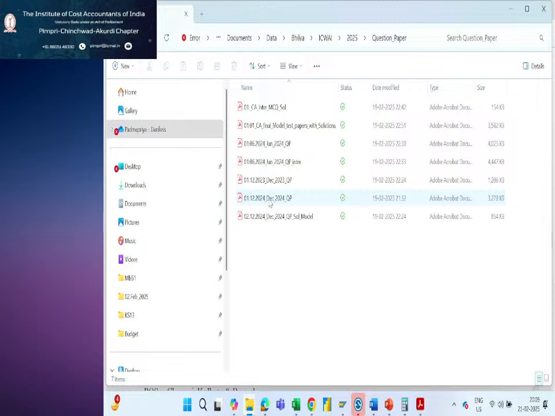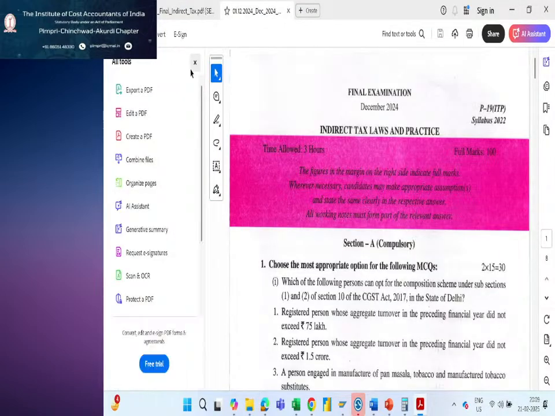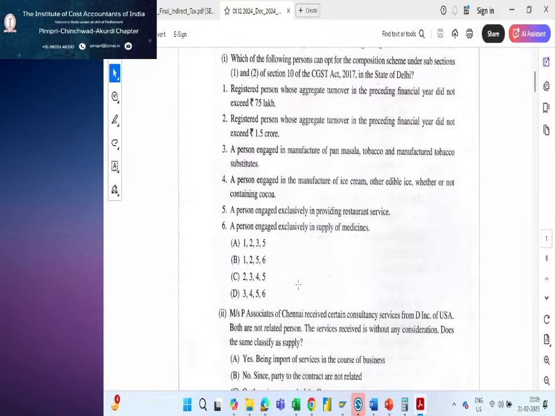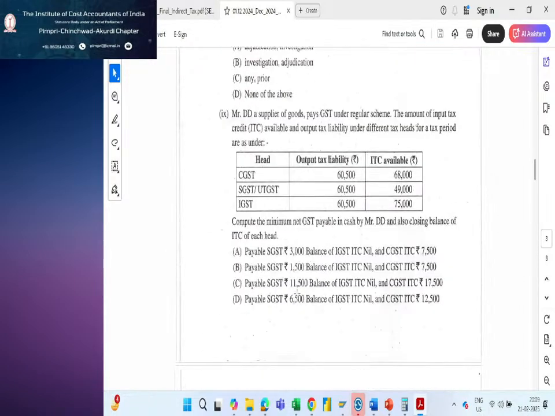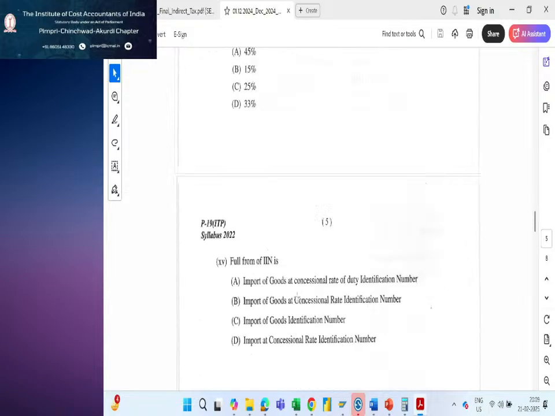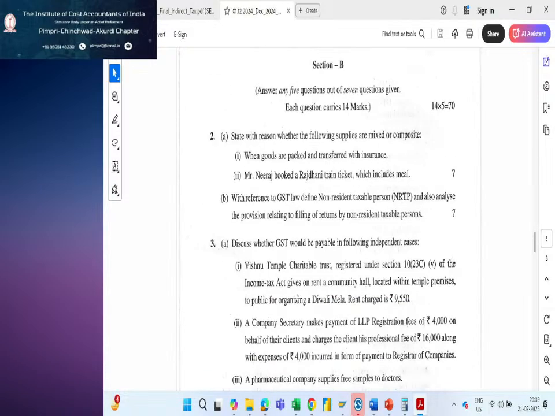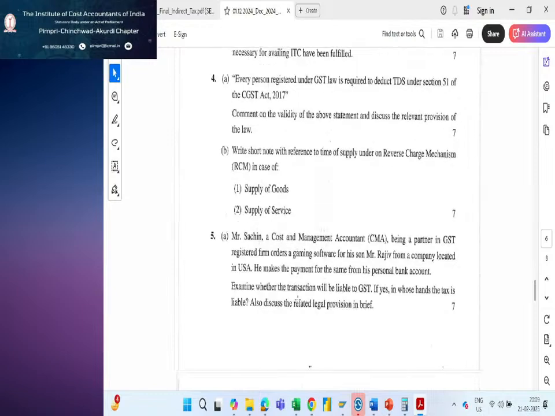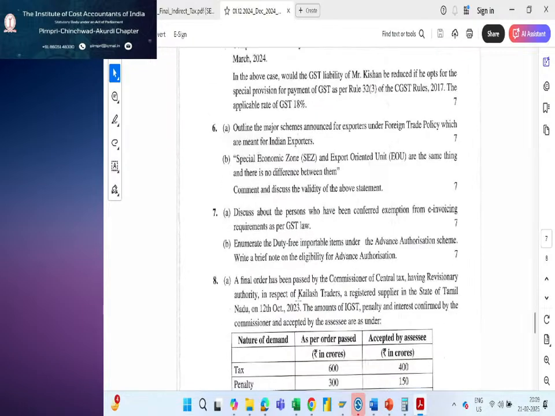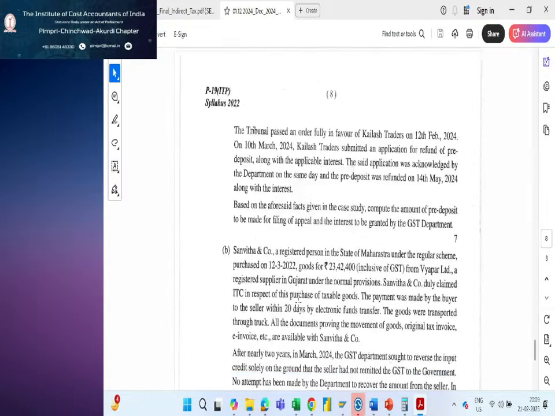Why I am sharing this is because in a few question papers I have seen place of supply. If I go directly into the question paper, it will be difficult to answer. So once we have a refresh of those questions, then we can have a look at the previous years' question papers.